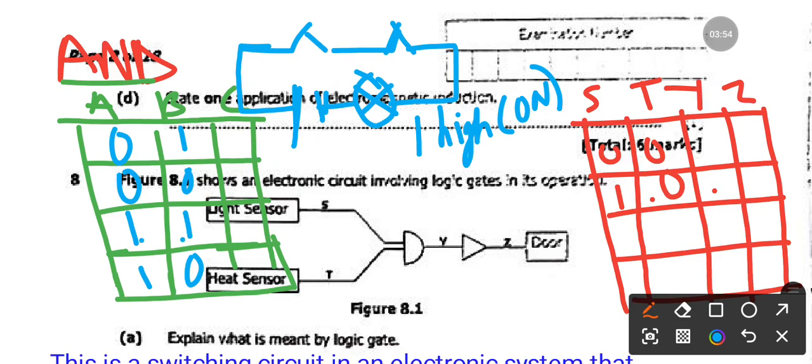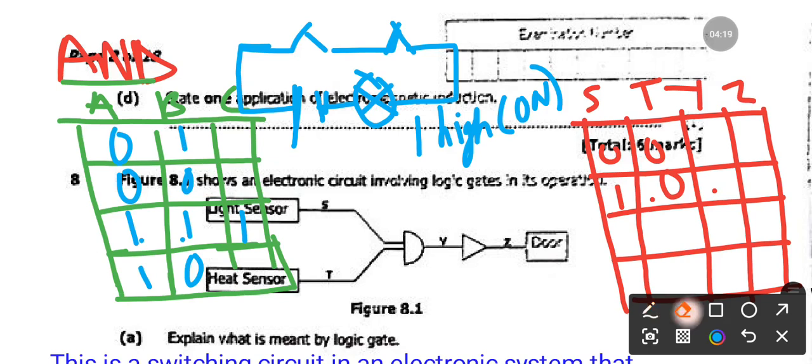So 1, 1 means that the output would also be 1. Both switches need to close so that the output is on. That is why we are saying the input should be 1 and 1, so the output is 1.